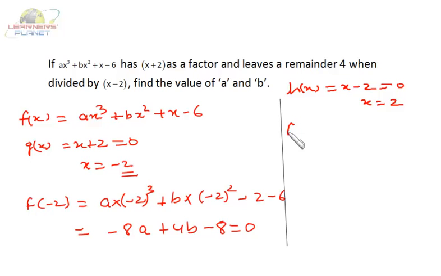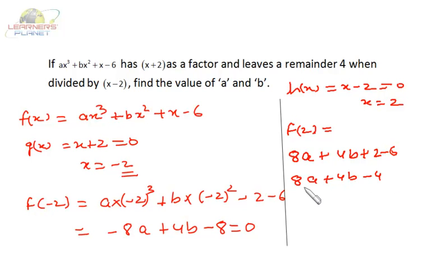So let's calculate f of 2. So f of 2 is a into 2 cube, that is 8a, plus 2 square b, that is 4b, plus 2 minus 6. So it is 8a plus 4b minus 4.